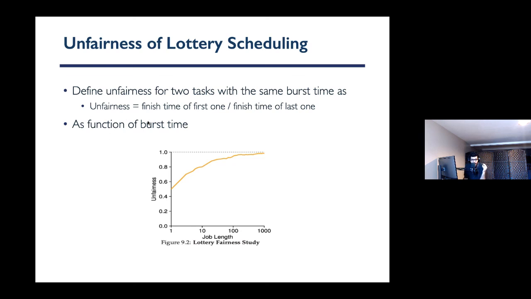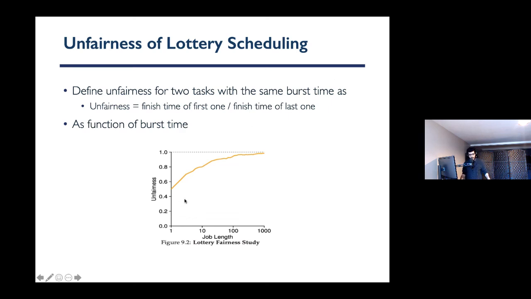The finish time of the last one is always bigger than the finish time of the first one. So the closer this number is to 1, the more fair the system is. And the closer this number is to 0, the more unfair this system is. It means that although the two tasks have the same execution time, we favored one over the other.